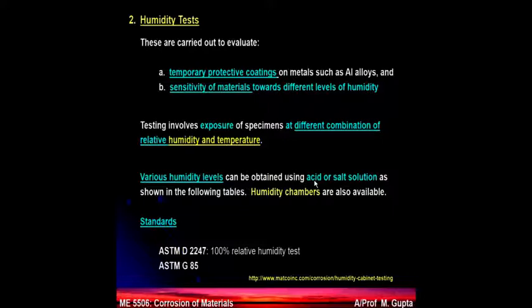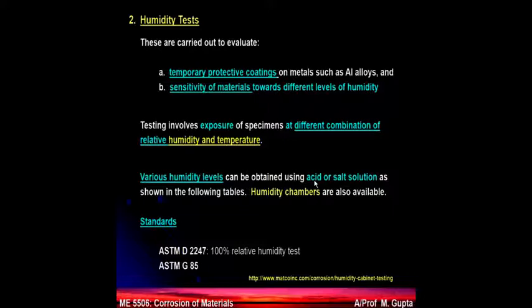It differentiates between the dry type of corrosion and the wet type of corrosion. And we know that the gray area is around 60 to 65% humidity. So essentially, humidity tests are used not only to assess the protective coatings, but also the sensitivity of different materials towards humidity.